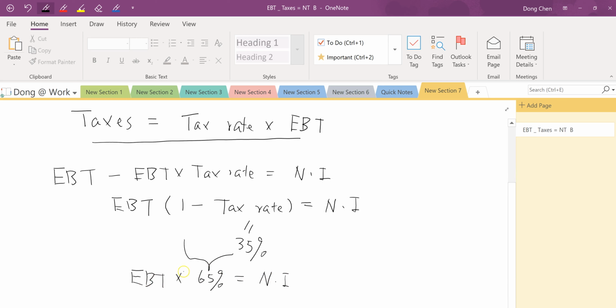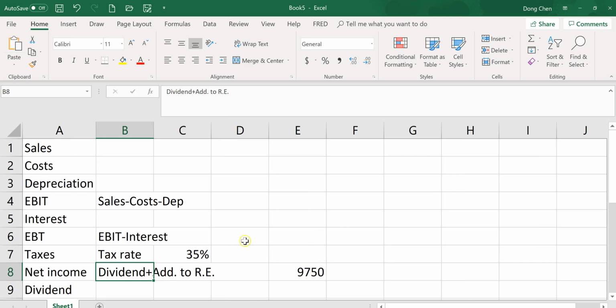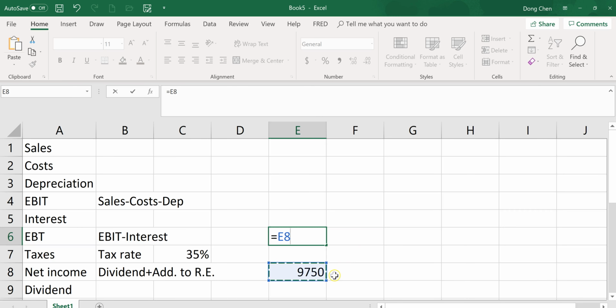So EBT can be solved very easily by dividing net income by 65%. So EBT is simply the net income divided by 1 minus the tax rate.